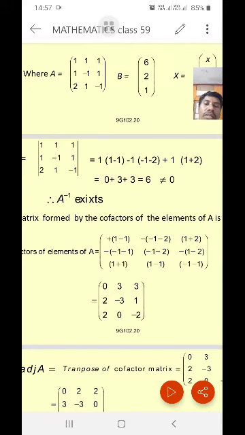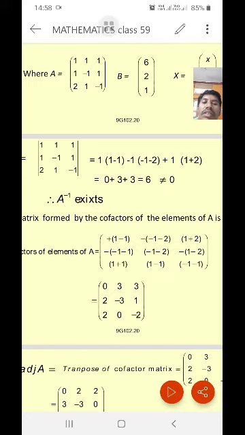In the first column, the first one is positive, the second one is negative, and the third one is again positive. So in the third row, the first element is positive and its minor is 1 minus half minus plus 1, so 2. And the next element is minus. Here minus is not printed, we have to write minus of its minor, so 1 minus 1, 0.